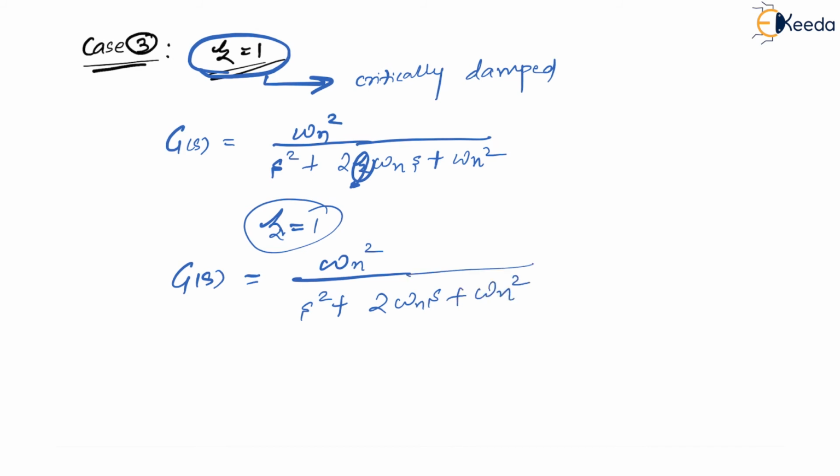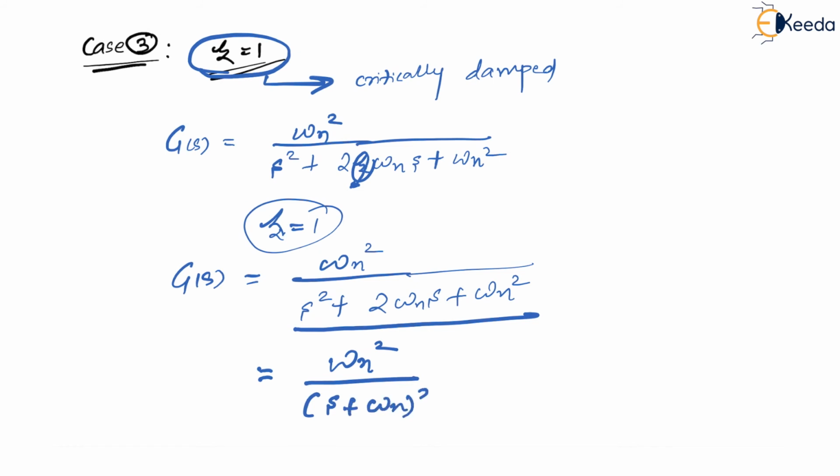Is that correct? Yes. Now if you see, this is a simple quadratic expression which can also be written as omega n squared upon s plus omega n the whole squared. Is that correct? Yes, s plus omega n the whole squared.